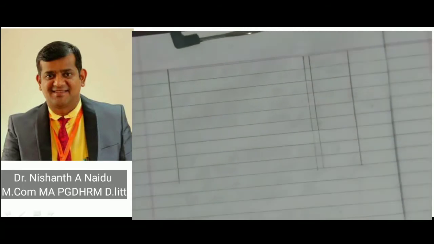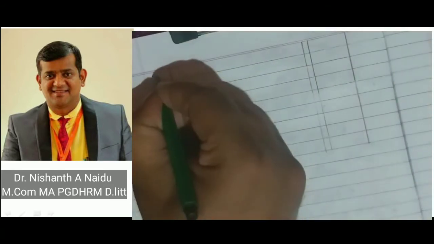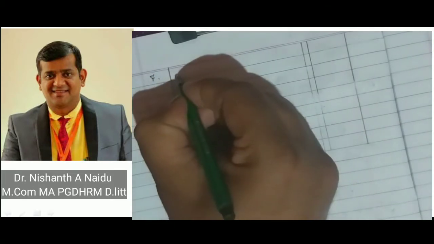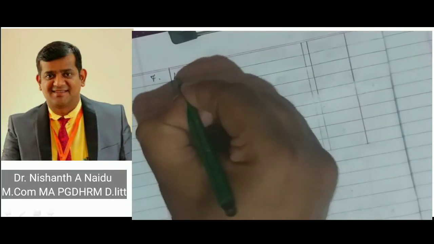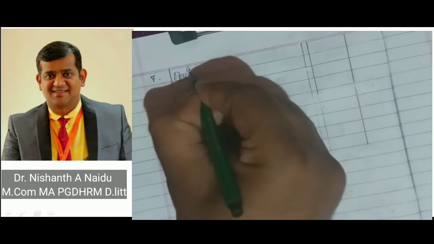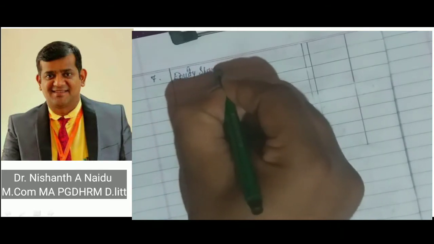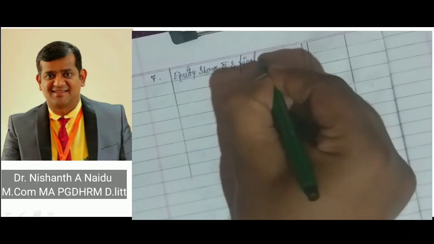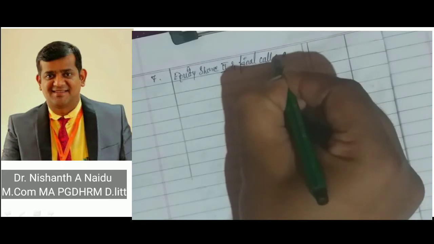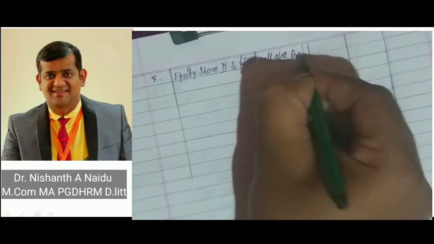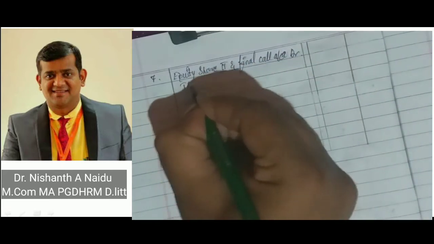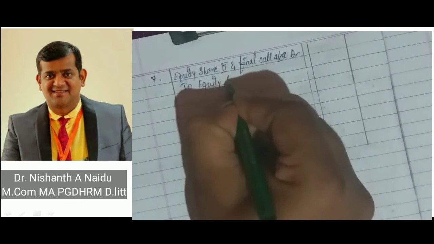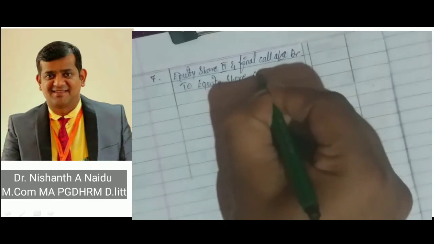So now I'm going to write seventh entry, that is second and final call money due entry. Okay, so write down equity share second and final call account debtor to equity share capital account.